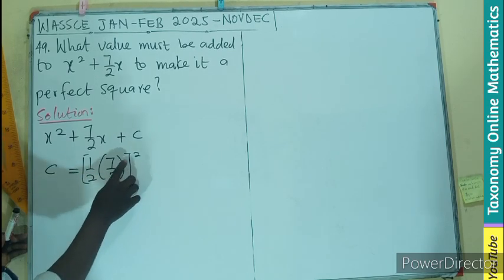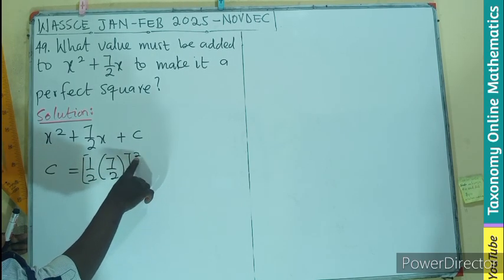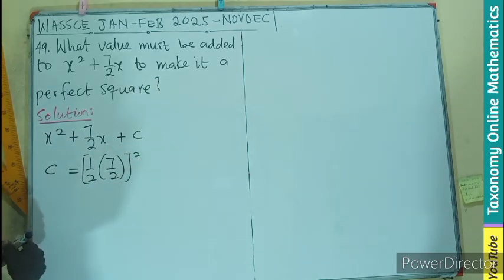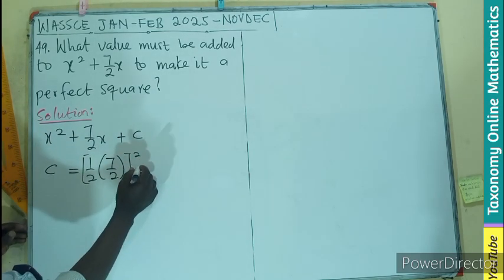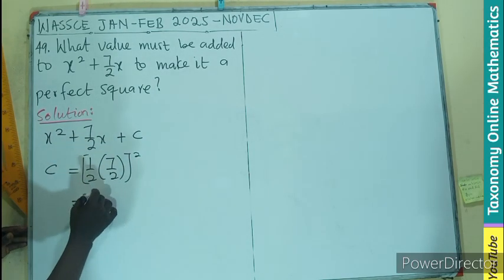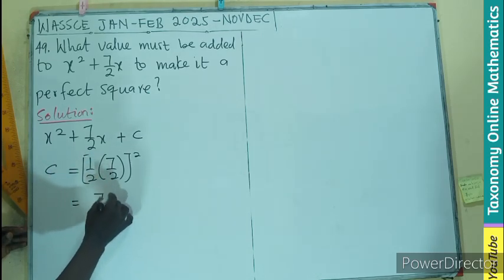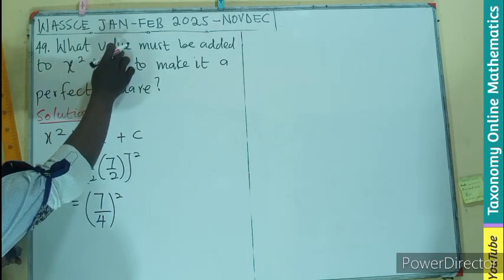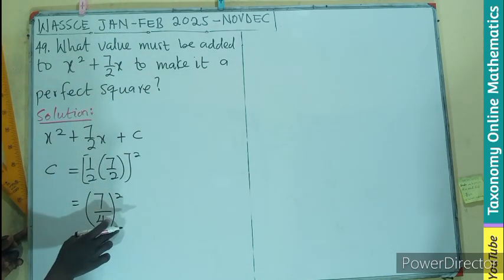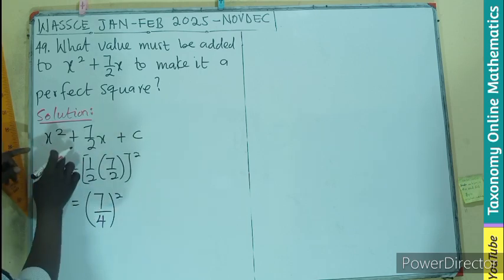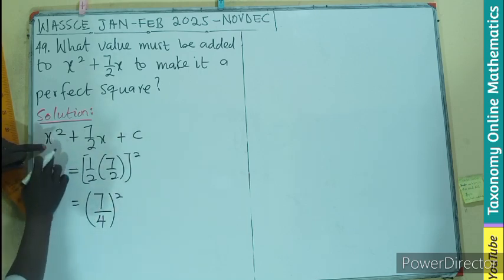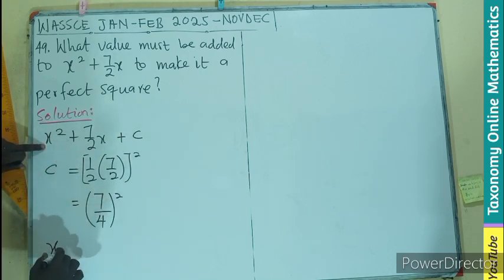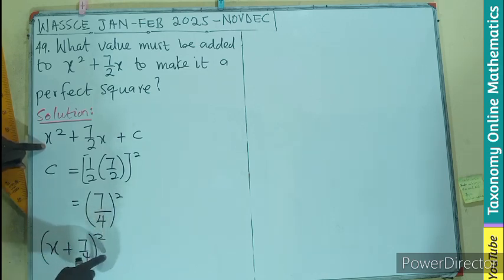These two numbers are multiplying and are compounded by the same power, so 1 times 7 is 7, and 2 times 2 is 4, all squared. So the value that must be added is (7/4) squared. If this is added, then the expression becomes (x plus 7/4) all squared. This is the perfect square.